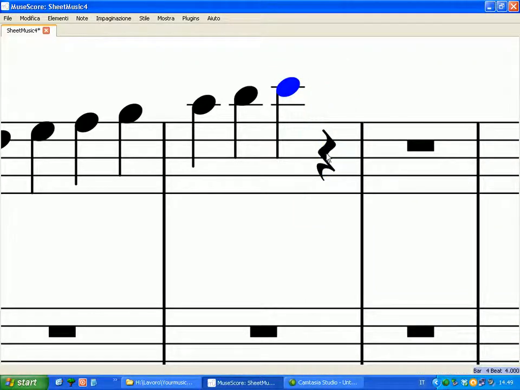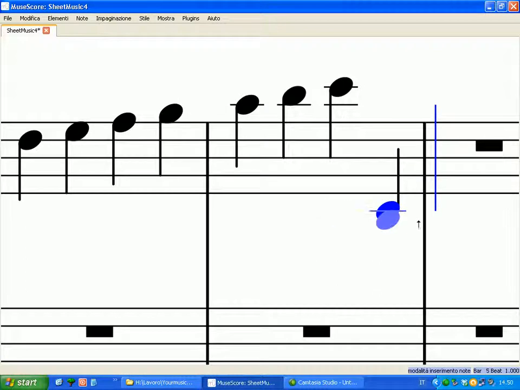So here we have written a new C, which is a different C from the middle C. In this case, we have a C which is two octaves higher than the middle C, which is of course this.